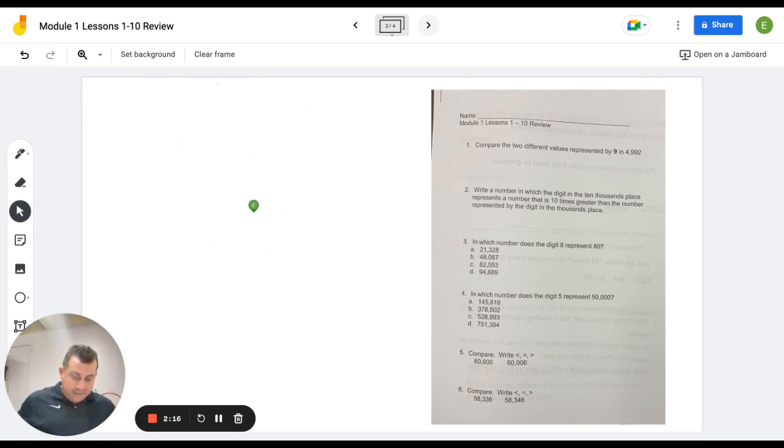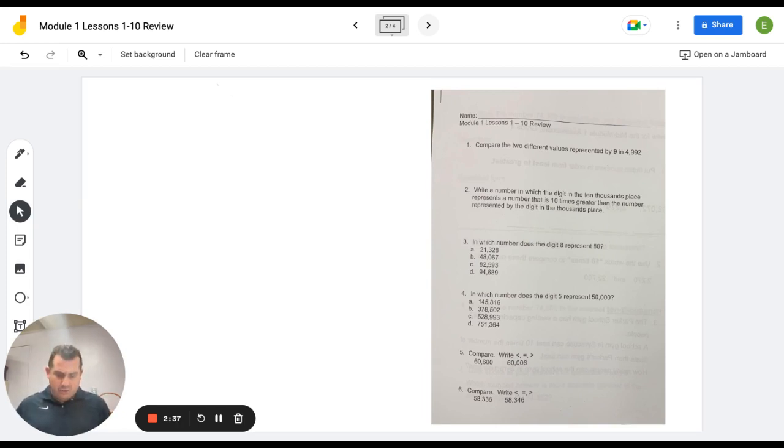Number 2, it says, write a number in which the digit in the 10,000s place represents a number that is 10 times greater than the number represented by the digit in the thousands place. Okay, so I'm going to break this apart.